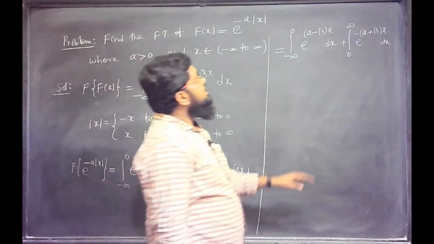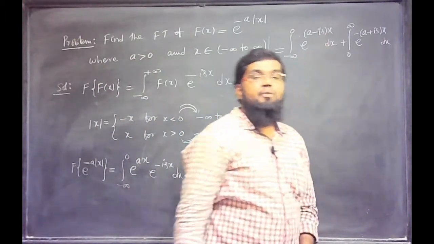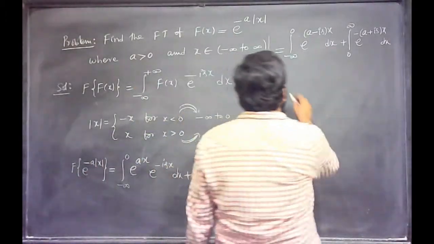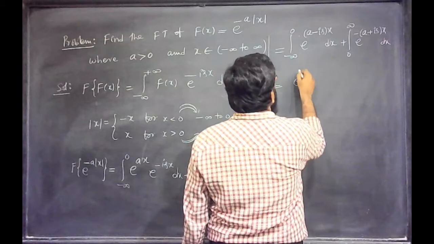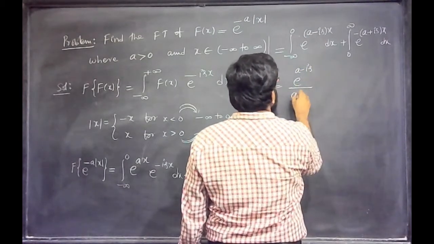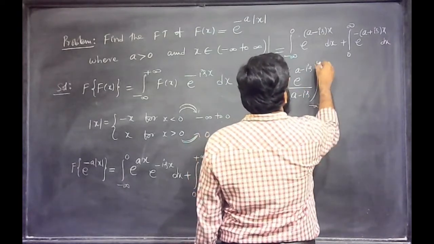Now e power lambda x లాగా ఉంది, e power lambda x divided by lambda, so e power (a minus is)x divided by (a minus is), limits from minus infinity to 0.